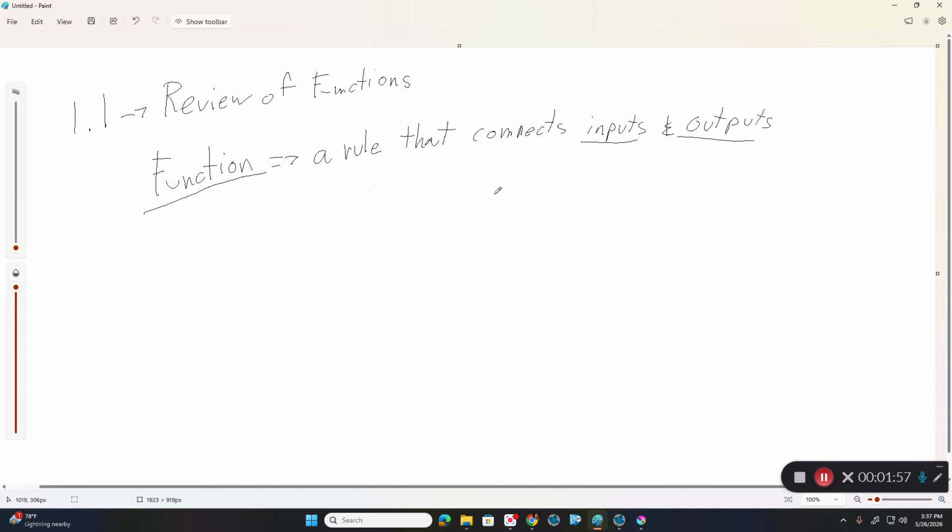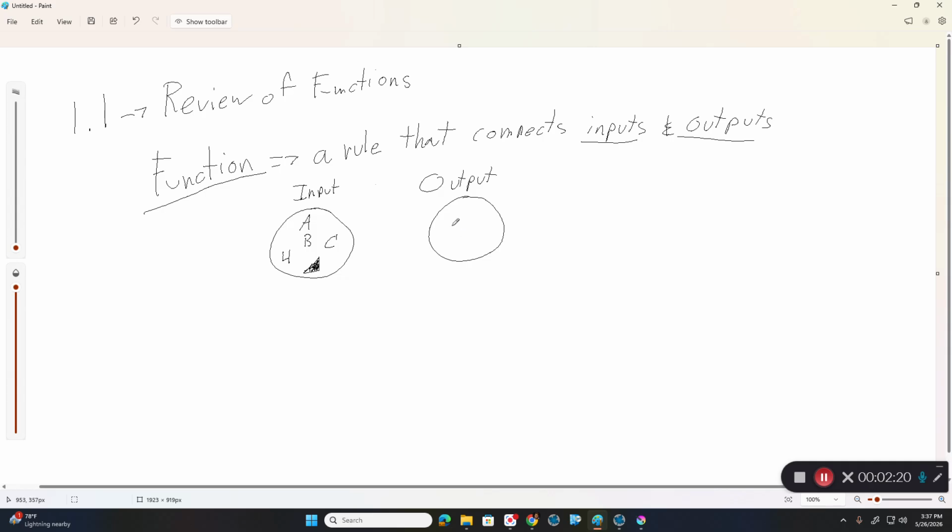We have these input values, and over here we'll have output. You can see there are some things in the inputs. We can use letters, numbers, or symbols.